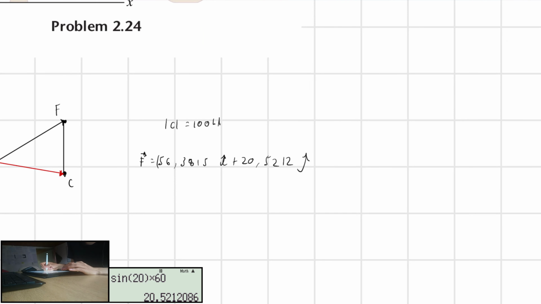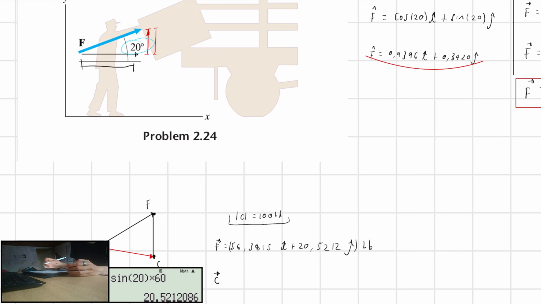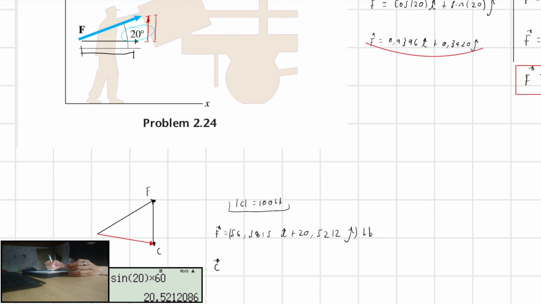This is in pounds. I have the magnitude of C, but I do not have the components of C. But I can get them, right? Because the vector C is pointing towards the center of the Earth. That is why I point it like this.